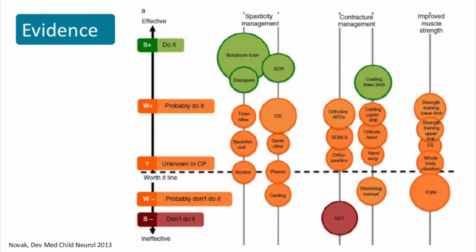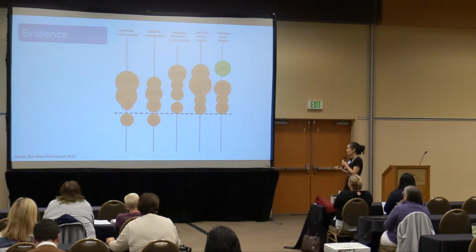So we talk about spasticity management, what helps with that, contracture management, muscle strength, improved motor activities, function and self-care, communication, mealtime management, behavior and social skills, parent coping, and bone density. So those are all the things they looked at in this study, and all the things that we think about when you're offering interventions to a child with CP. Why are you offering these things? What are they going to help with?